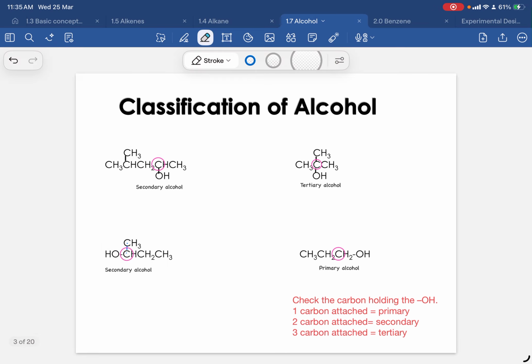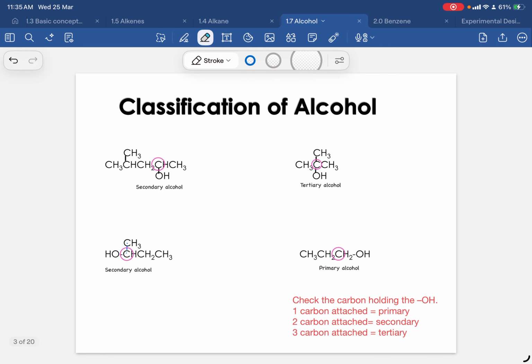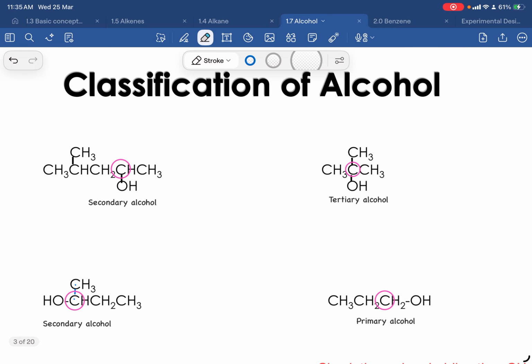I skipped the nomenclature because we already discussed how to name our alcohol compound. Next, we want to look at the classification of alcohol. Alcohol can be classified as primary alcohol, secondary alcohol and tertiary alcohol.